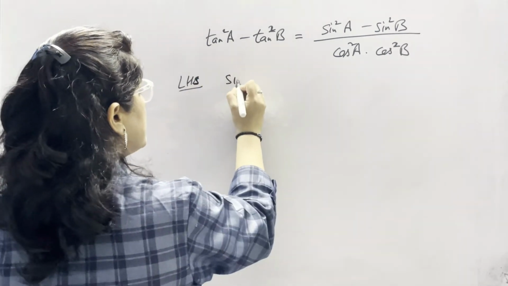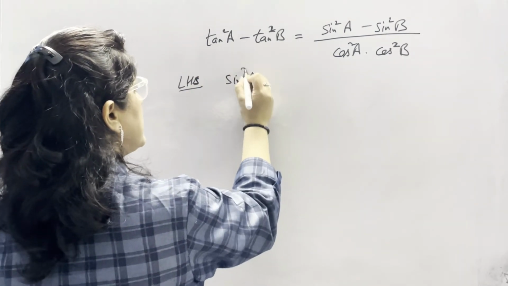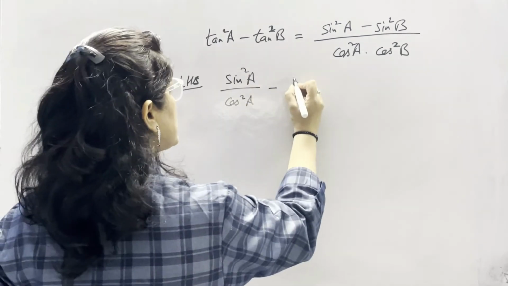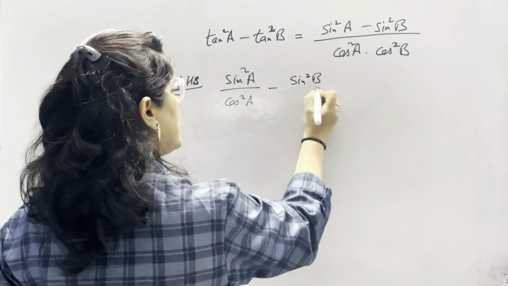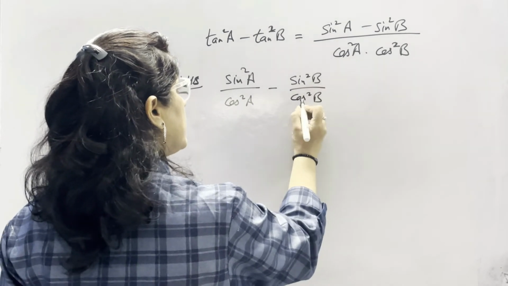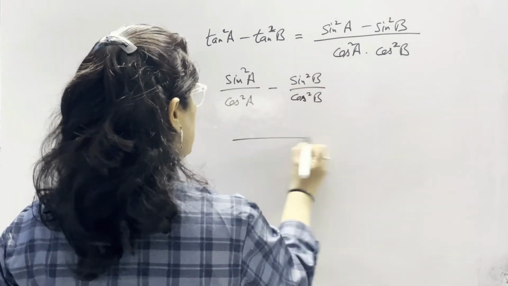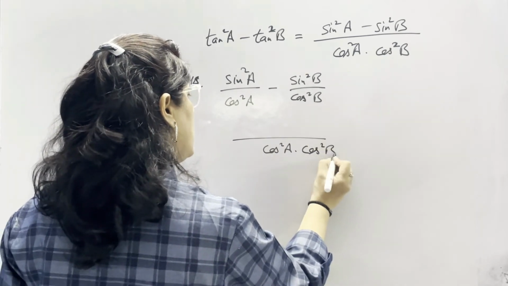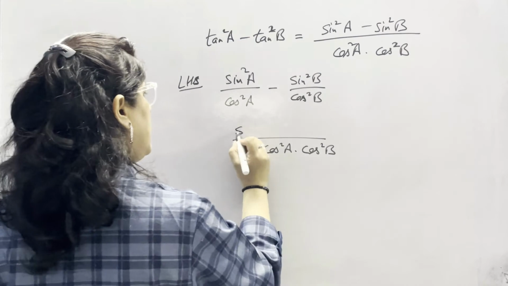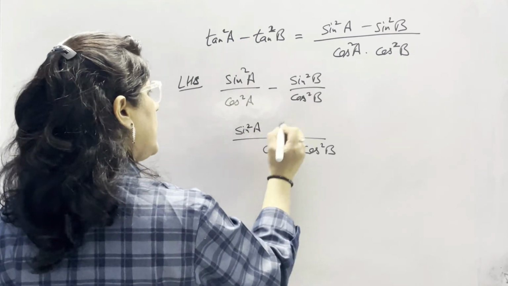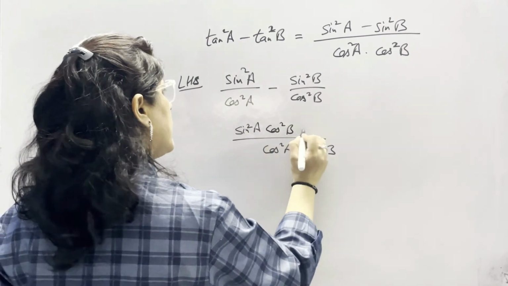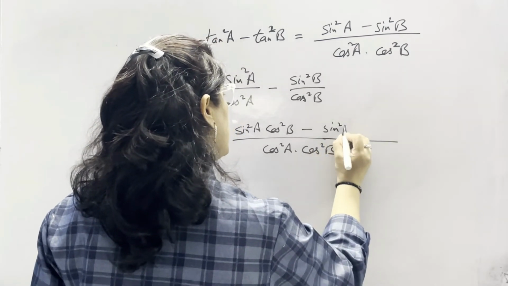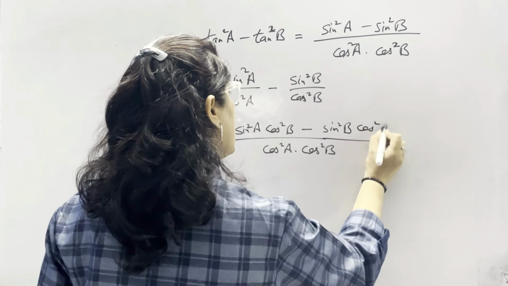Tan A is sin A upon cos A, so tan square A is sin square A upon cos square A, minus tan square B, which is sin square B upon cos square B. Now taking the LCM, cos square A into cos square B, multiplying sin square A with cos square B minus sin square B with cos square A.